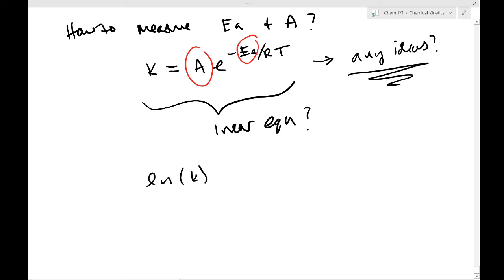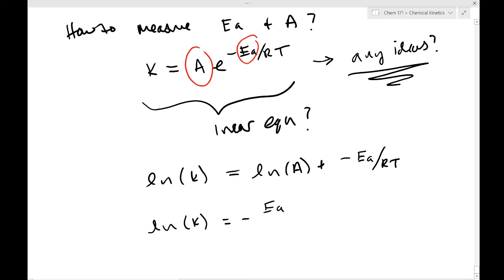So the natural log of k is equal to the natural log of A plus the natural log of e to the negative EA over RT, which is just negative EA over RT. I'm going to rearrange this a little bit: ln k is equal to negative EA over R times 1 over T, plus the natural log of A.